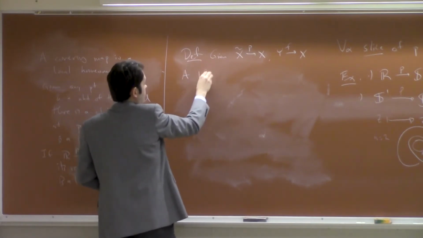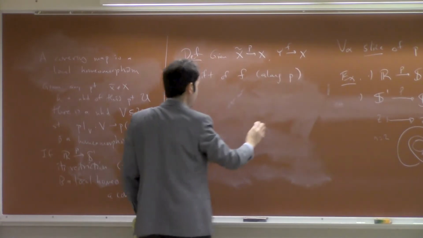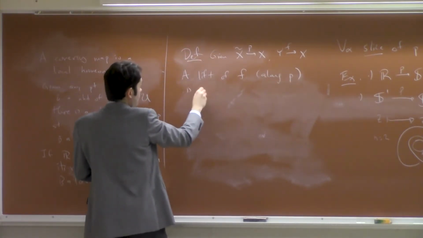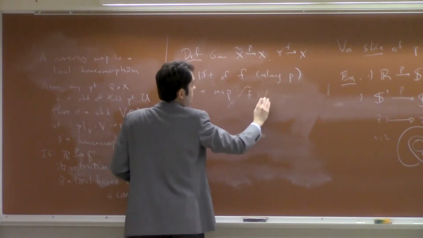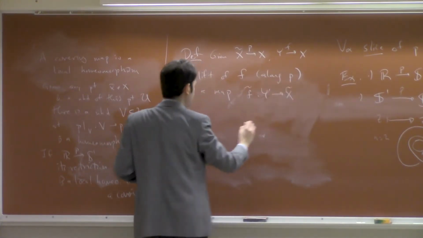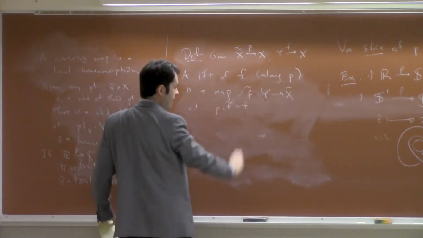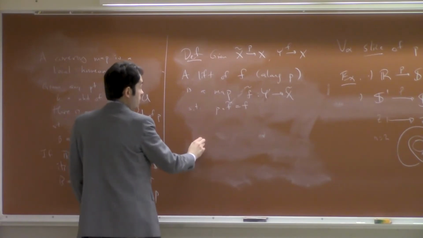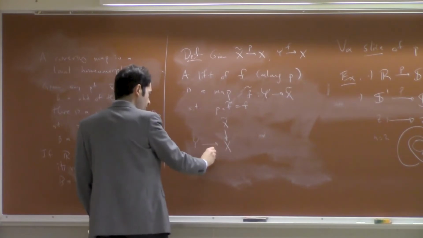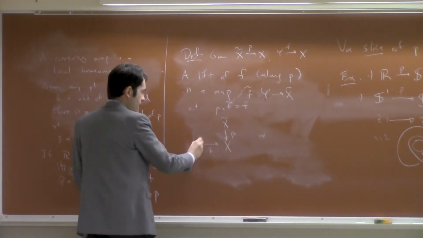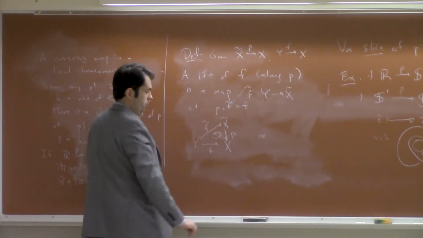Then a lift of F along P, if that's not obvious from the context, is a map F tilde from Y to X tilde such that P composed with F tilde is equal to F. So in pictures, you start out with these maps, and a lift is an arrow there that makes this commute.